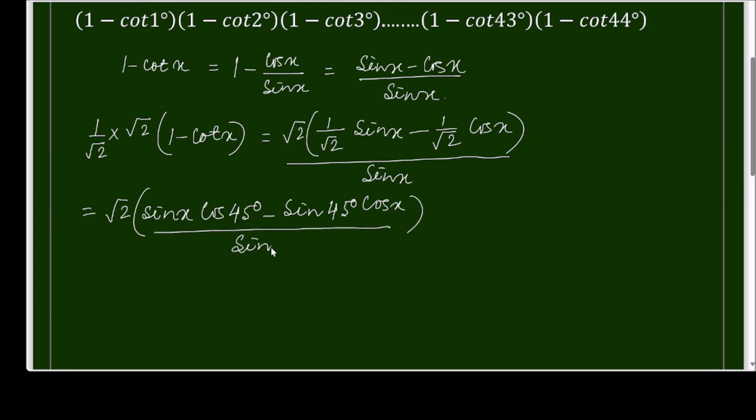So ultimately, if you recall, this is a formula in sine, that will be sine of x minus 45 degree, whole upon sin x. So this is the final expression: 1 minus cot x is equal to square root 2 sine x minus pi by 4 or 45 degree, upon sin x.